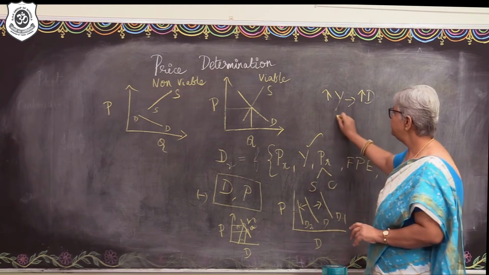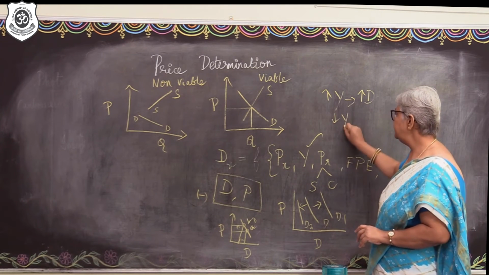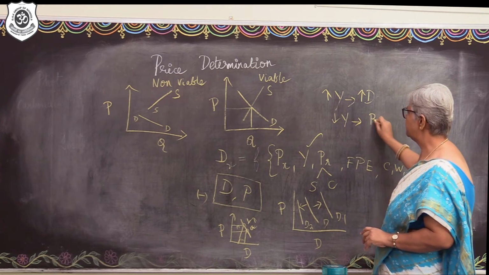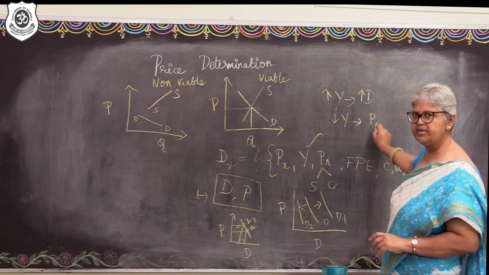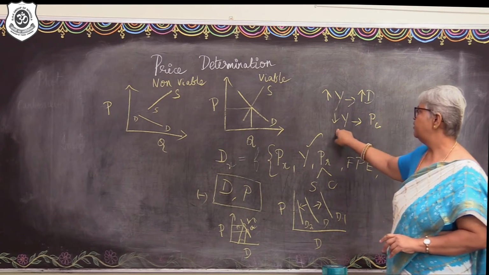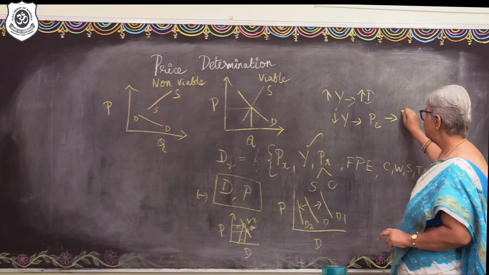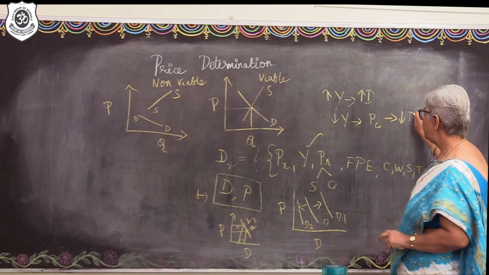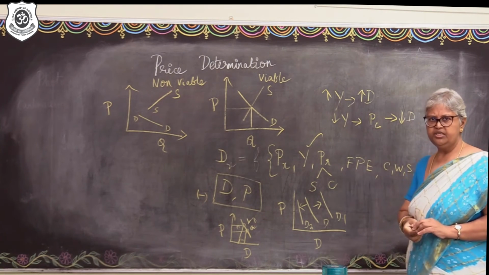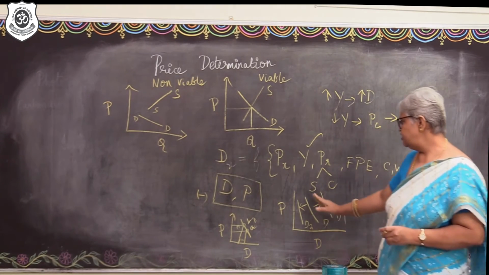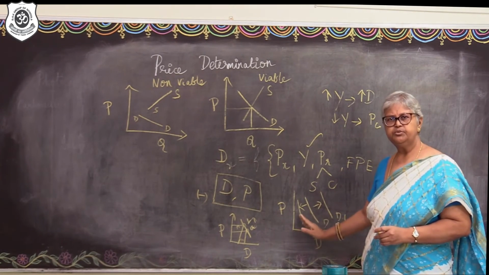Right? Same way, a fall in the income, with the same condition, price remaining constant. When price remains constant and the income goes down, then there will be a reduction in the demand for the normal commodity, isn't it? So, the demand curve will shift from D to D2.